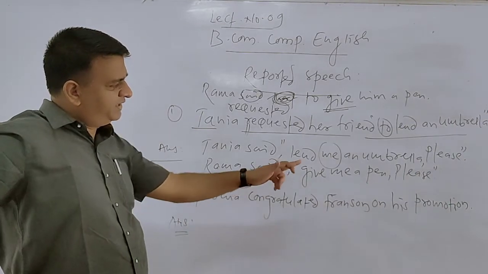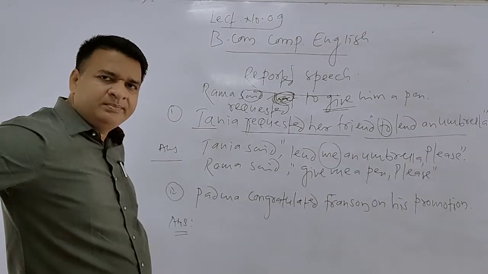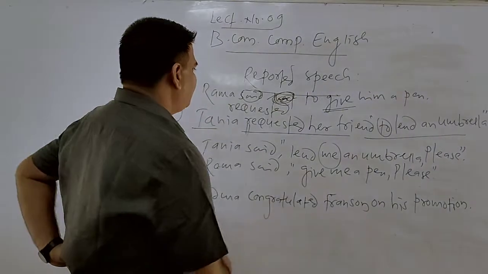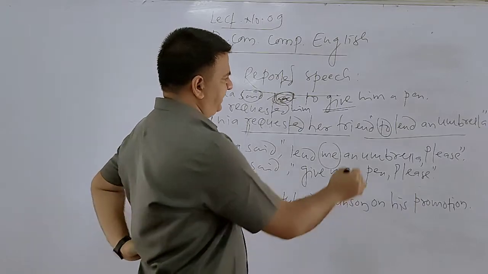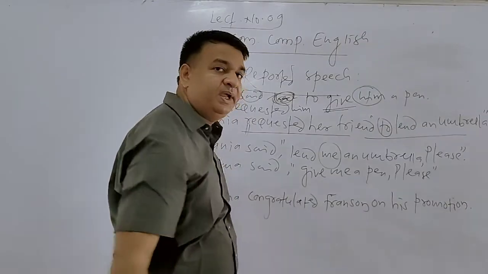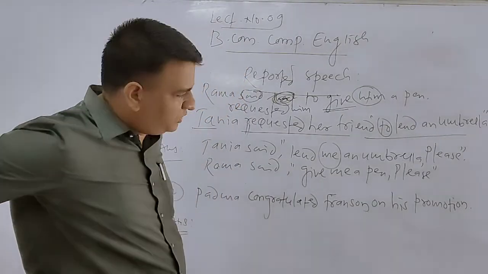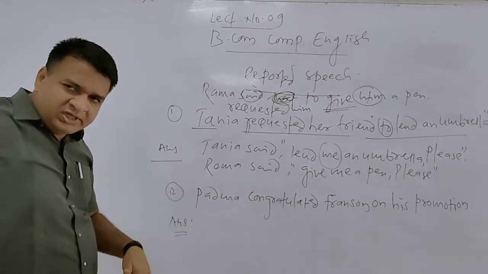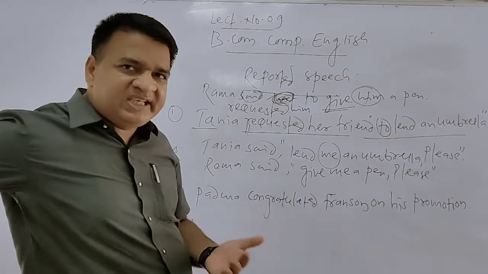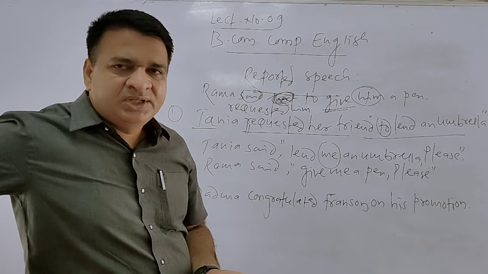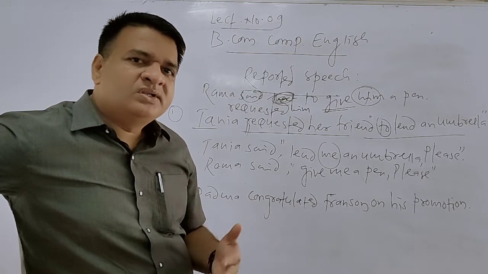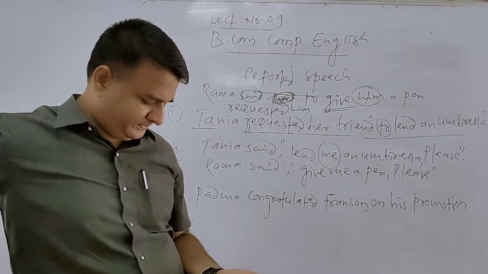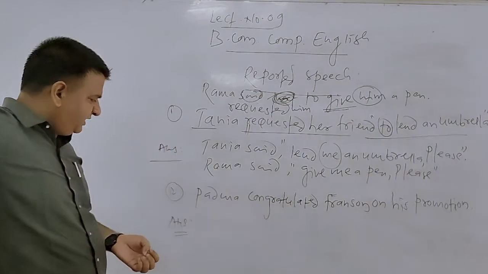Rama requested him to give a pen. If we see some examples, we will get a clear-cut idea about such types. Then we have another.